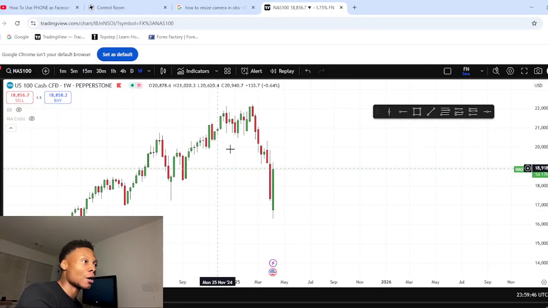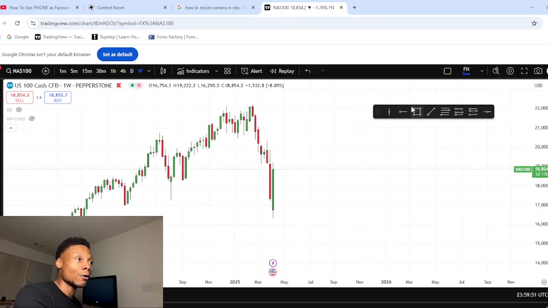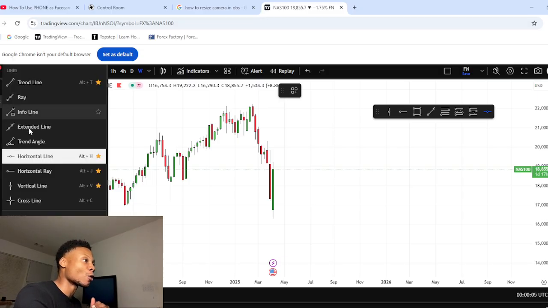So I'm going to find key levels of interest of where price could potentially move to. I already got my horizontal line and my shortcuts, but you will find your horizontal lines right here along with other lines, but you can star them to put them in your shortcuts, just to get to them faster.